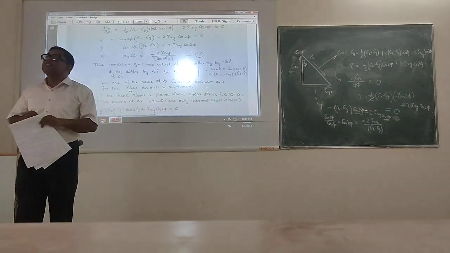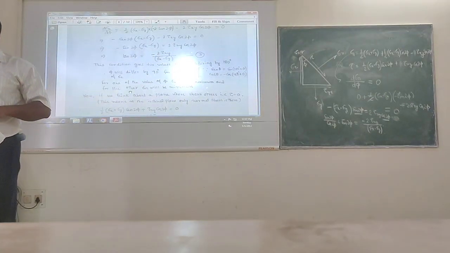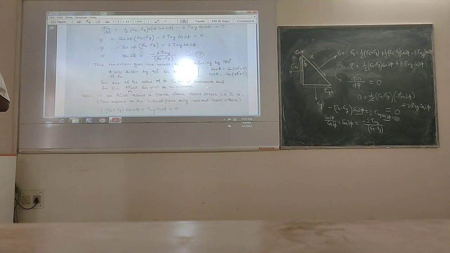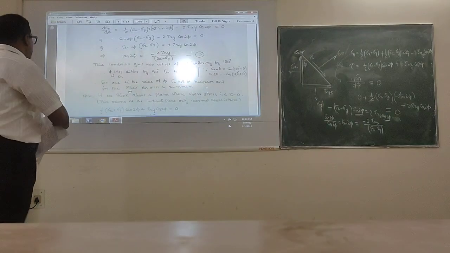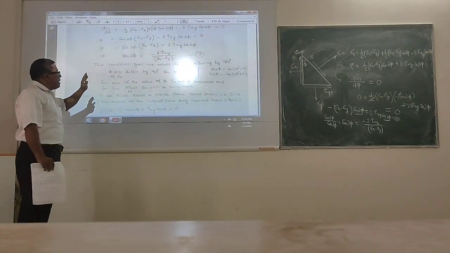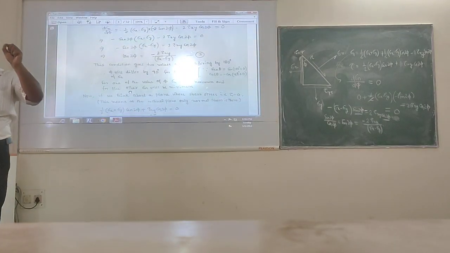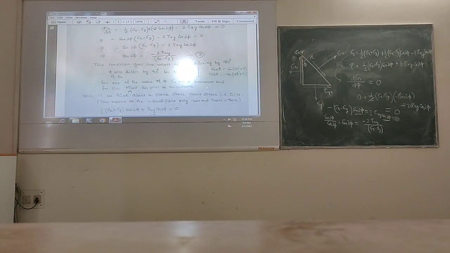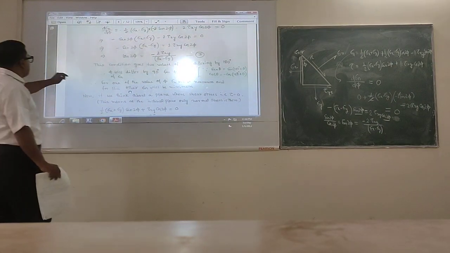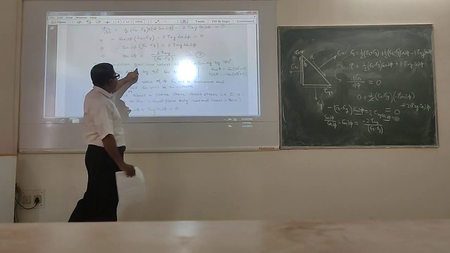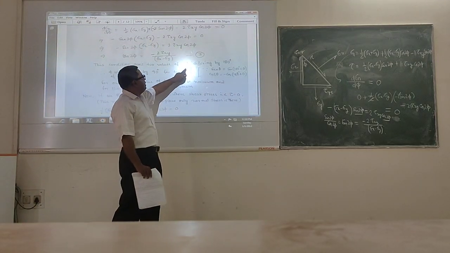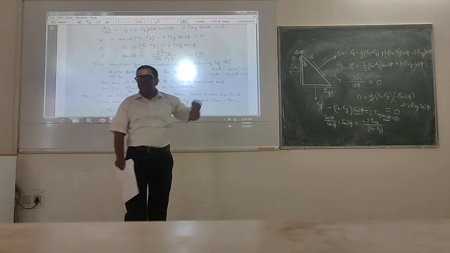So what does this signify? This signifies that theta is either tan theta or tan of 180 plus theta. So the value of theta is giving rise to two conditions, and this condition gives two values of 2φ differing by 180.